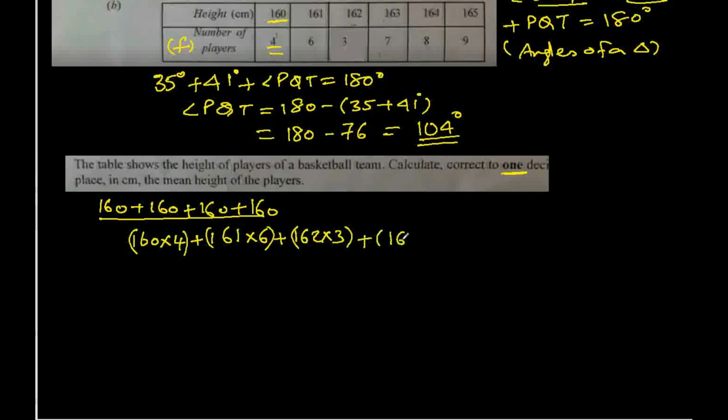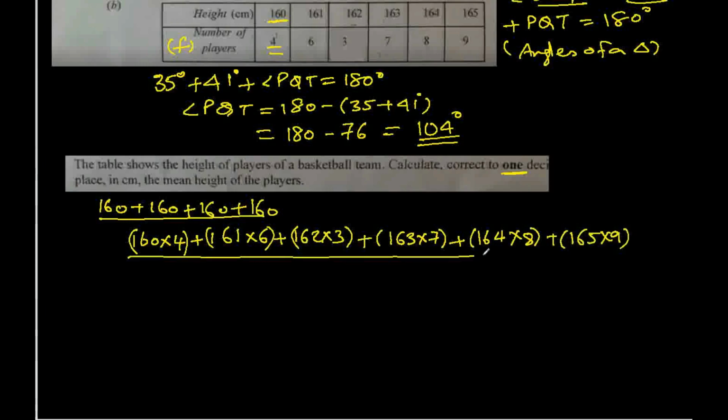Plus 163 times 7 plus 164 times 8 plus 165 times 9 and divided by how many players we have. So we have 4 players here, 6 players here, so all the number of players will be added. That's how we find the mean. Plus 7 plus 8 plus 9. This is also written as sigma f x divided by sigma f, if it is known to you. Otherwise, this is the simplest way of explaining this.